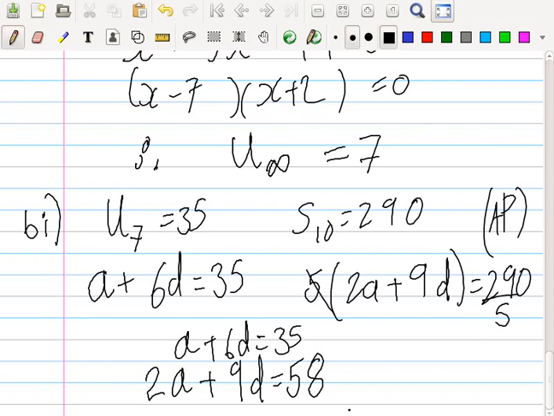Don't you want to multiply the first one with 2? Yep, we'll do that on the next step. Okay, so you're right, we'll multiply the first one by 2.